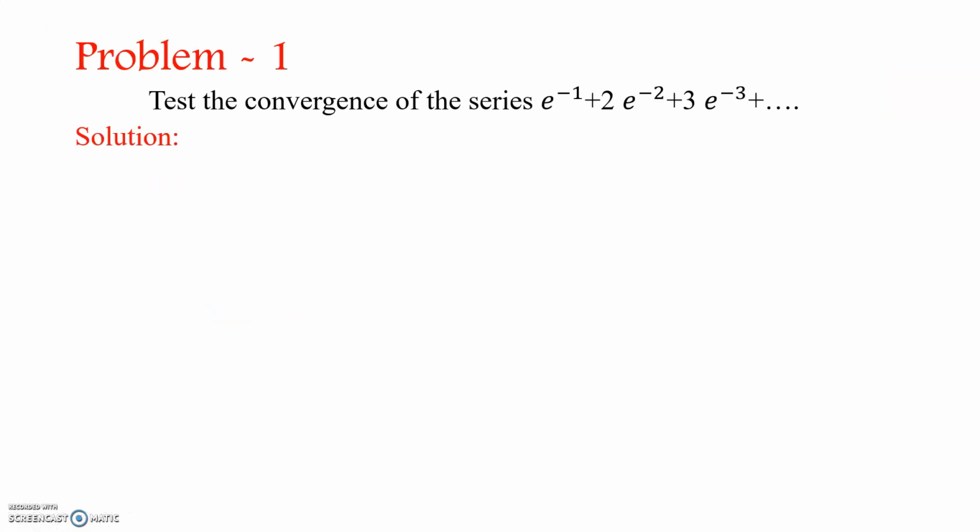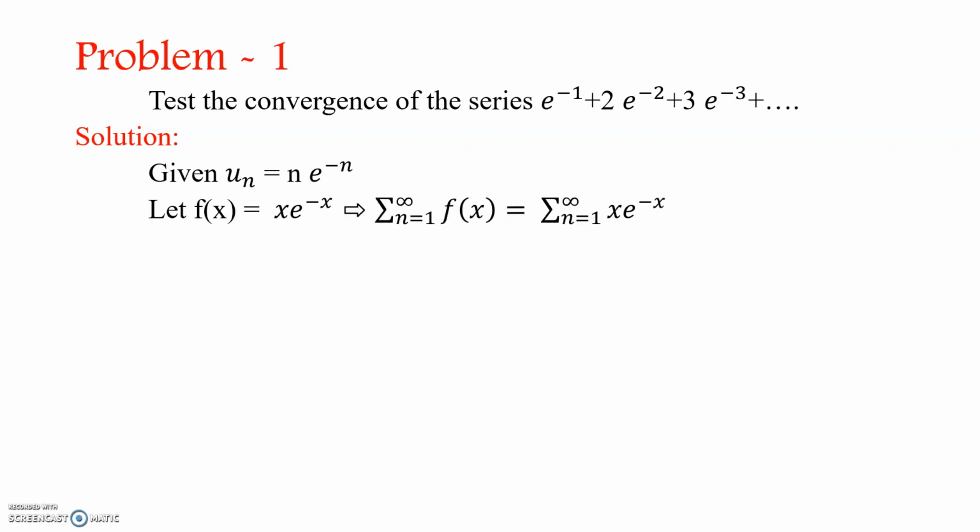Next problem. Test the convergence of the series e power minus 1 plus 2 e power minus 2 plus 3 e power minus 3 plus etc. Solution. Let us consider Un is equal to n into e power minus n. Let f of x be obtained by just replacing n with x here. So we get x into e power minus x.